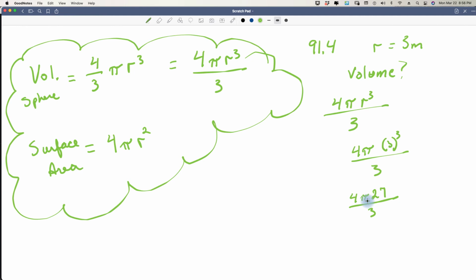Let me turn on my calculator here. 4 times 27, that's 108 pi divided by 3. 108 divided by 3 equals 36 pi. And that's going to be meters cubed because it's volume.